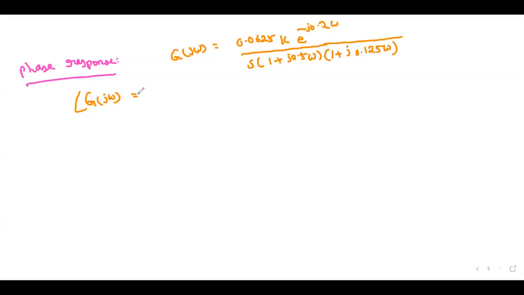Then what is the angle? First, finish the numerator. What is the phase of this constant? 0. K is also a constant. Leave it. Then the remaining e power j theta. What is the phase angle of this?